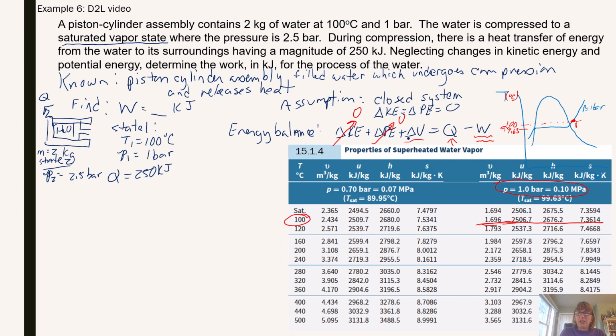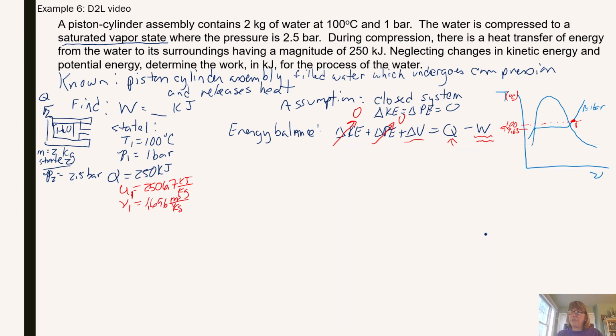And since we're trying to find U, we definitely need our specific internal energy. So I'm going to write that down at state 1 off this table. This is 2,000.67 kilojoules per kilogram. So we have the information for state 1, okay?